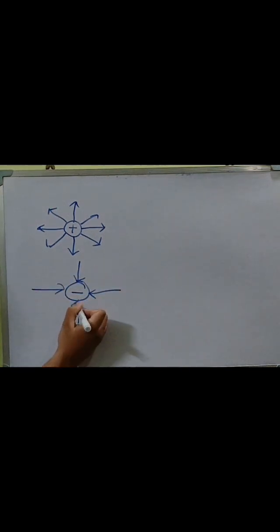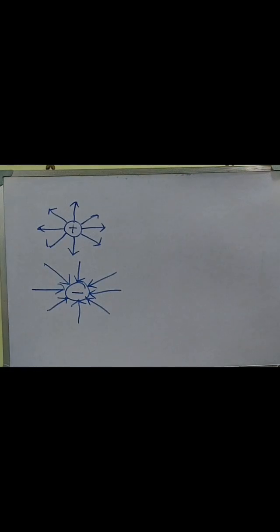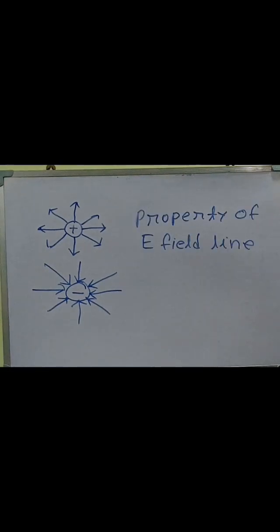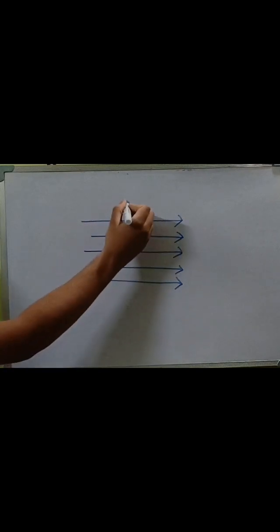Well, remember, electric field lines always originate from a positive charge. If I keep a positive charge here, then these electric field lines will originate from it. And remember, they will always terminate at a negative charge. This is a property of electric field lines, that they always originate from a positive charge and end at a negative charge. Now let's come back to the case that we are discussing, this case of the electric field.